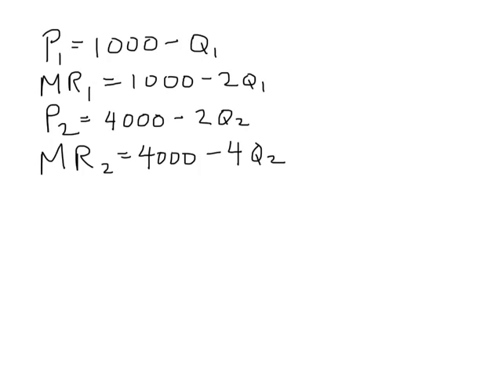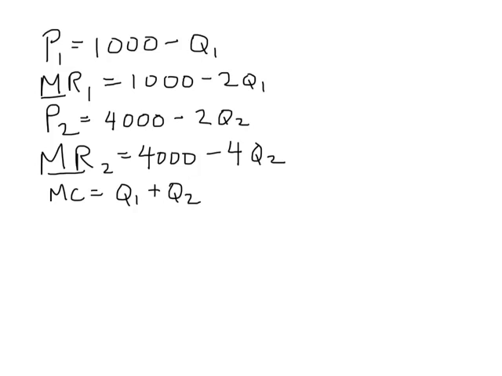Well, we remember that our marginal cost is equal to the sum of those outputs, Q1 plus Q2, and thus we know that marginal cost is equal to marginal revenue in market 1 and in market 2.